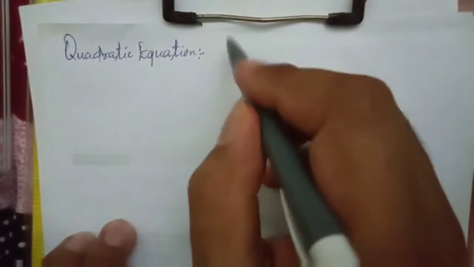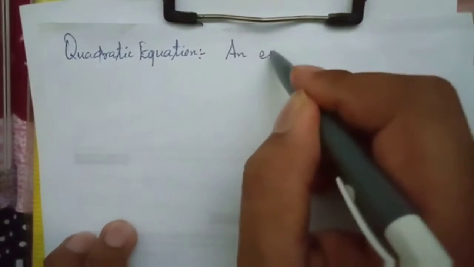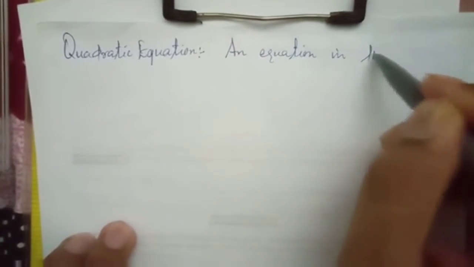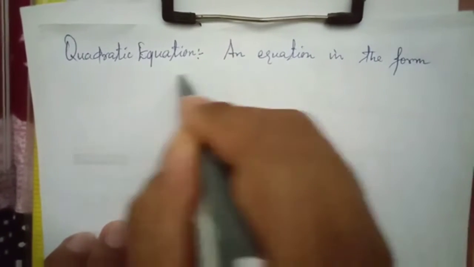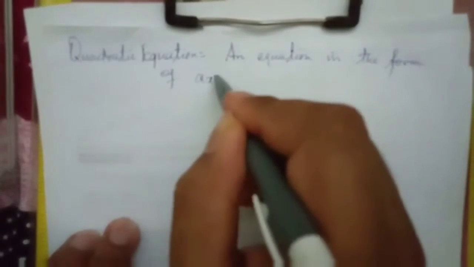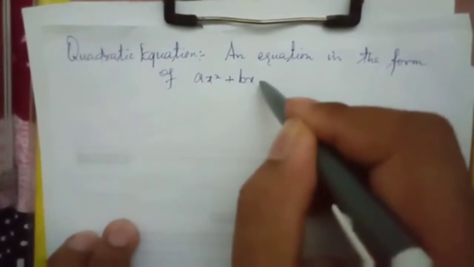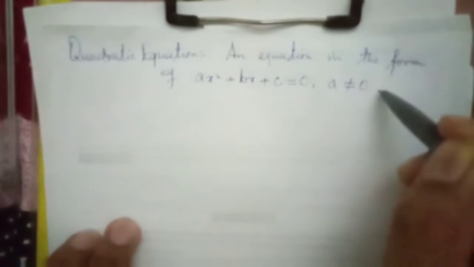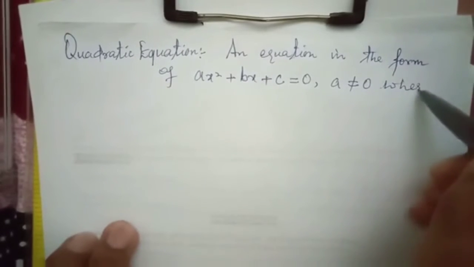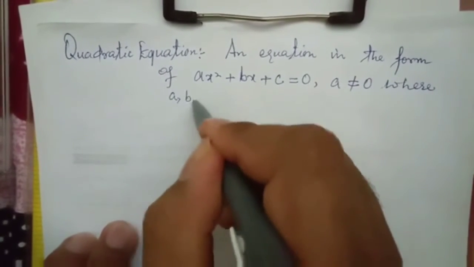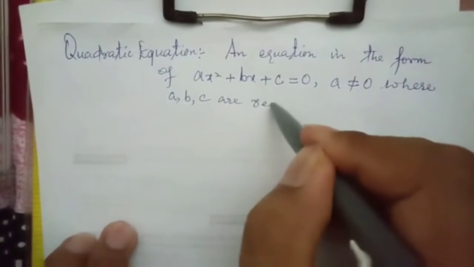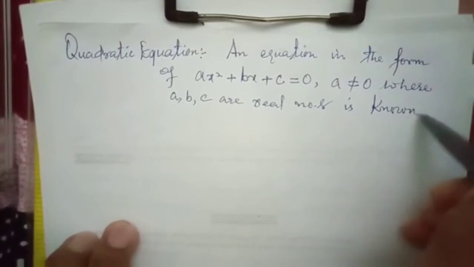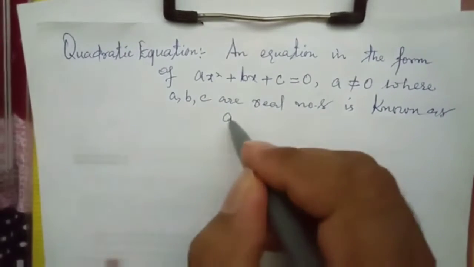It can be defined as an equation in the form of ax square plus bx plus c equal to 0, a is not equal to 0, where a, b, c are real numbers, is known as a quadratic equation.